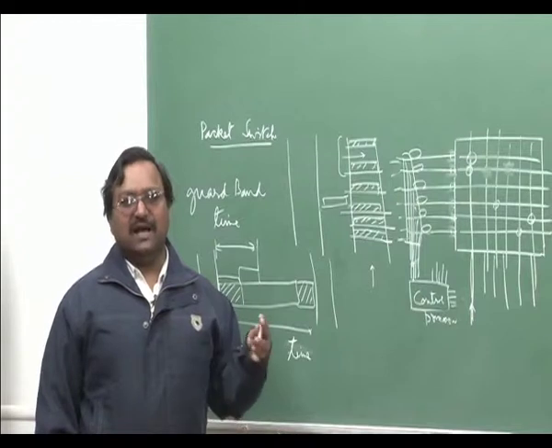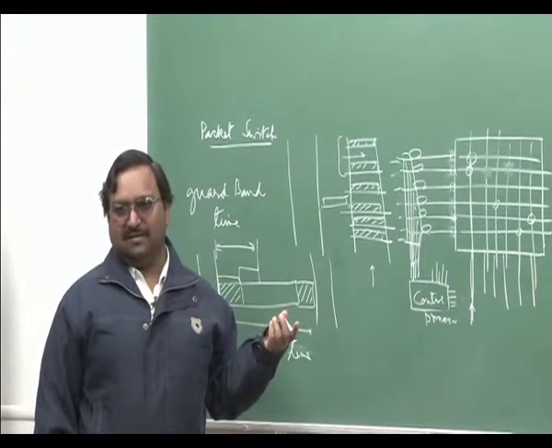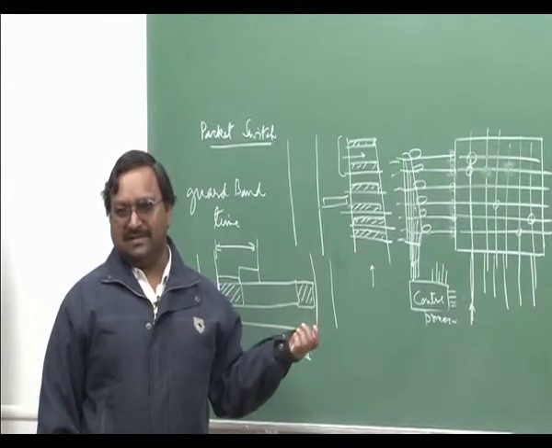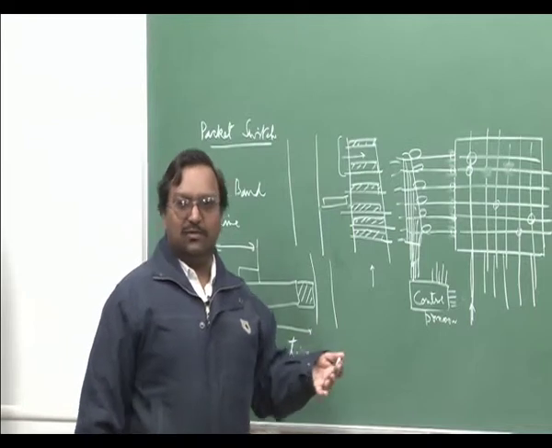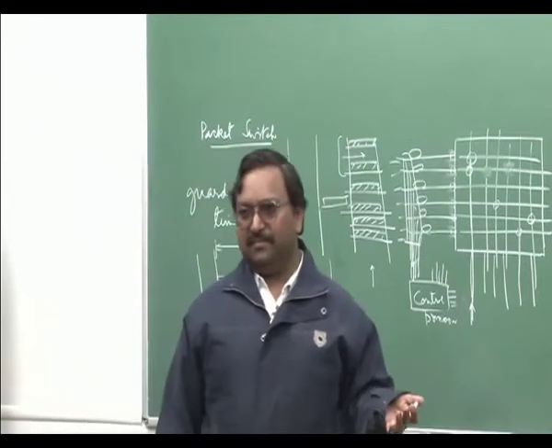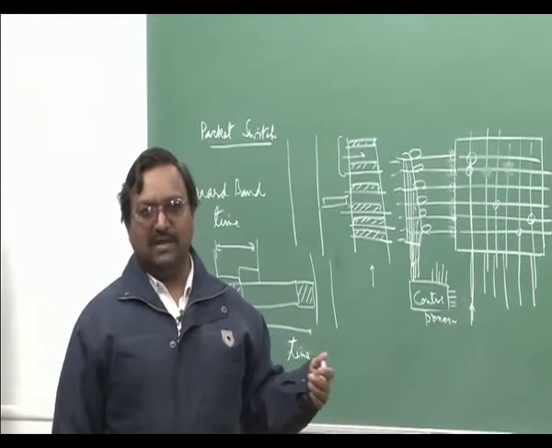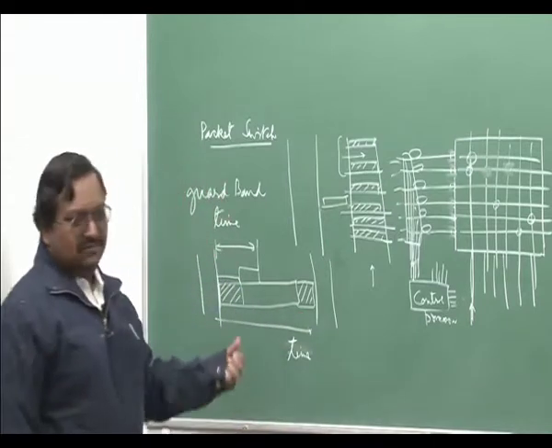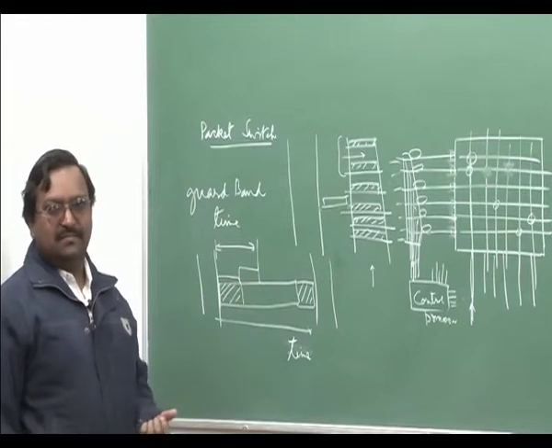If packets are lost, it is the higher layer which will take care of it. They have to keep track; if a packet is lost I have to do a retransmission. There will be some data link control or flow control mechanism sitting there. Window flow control will take care of the retransmissions.